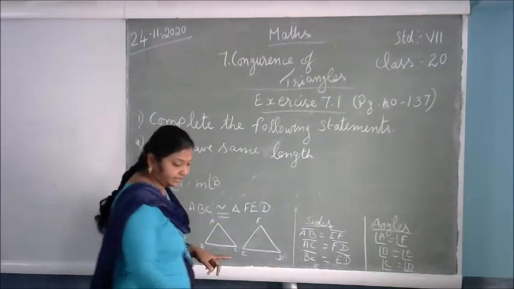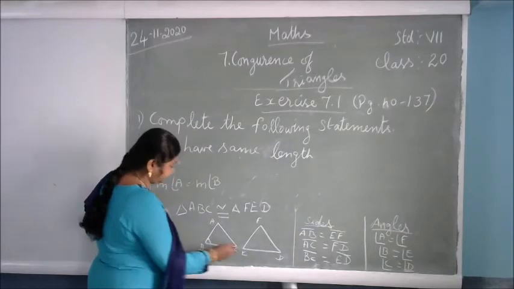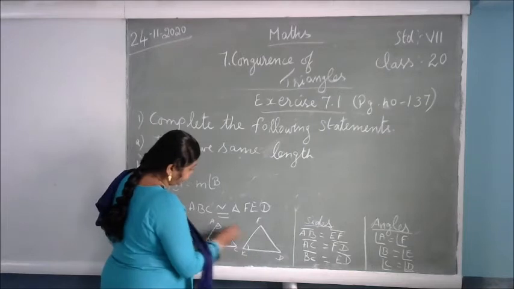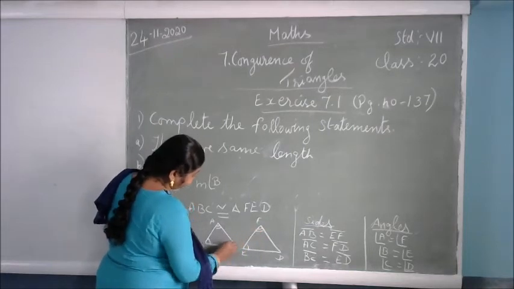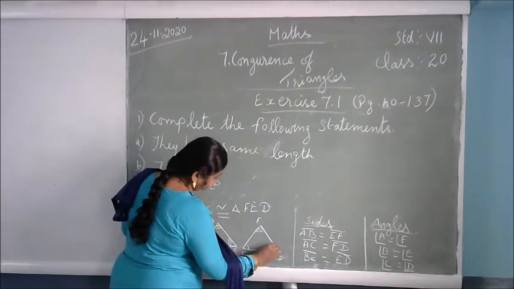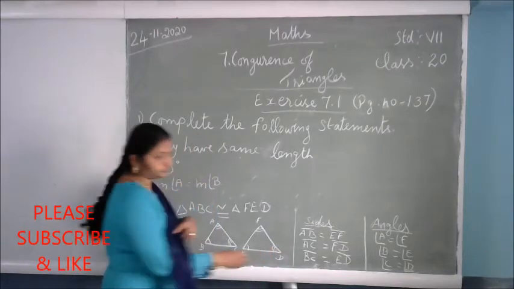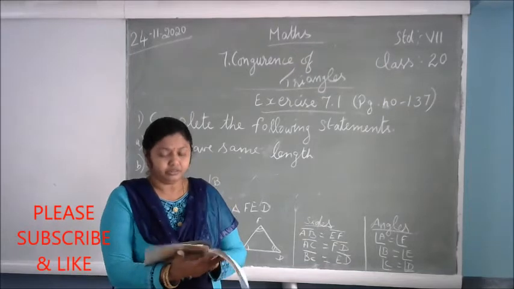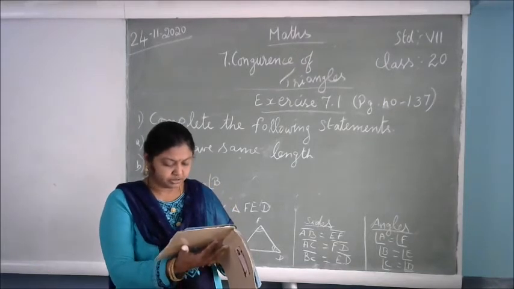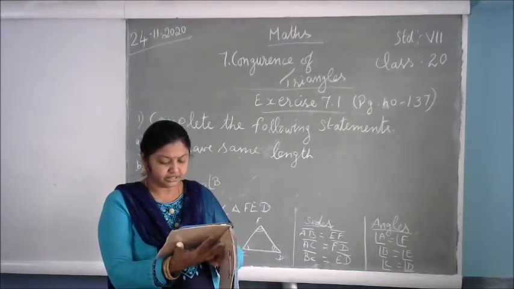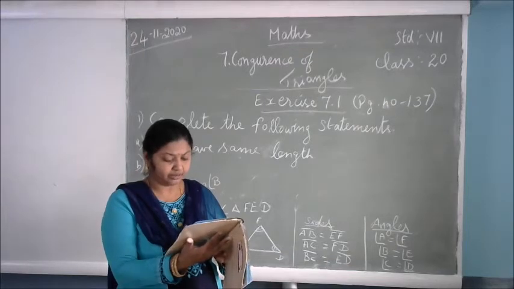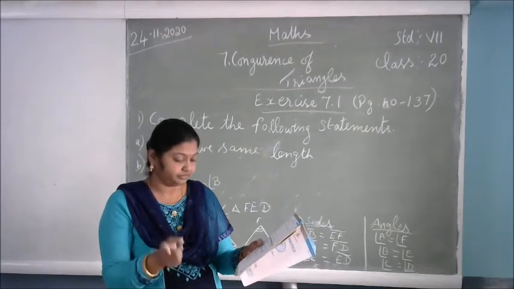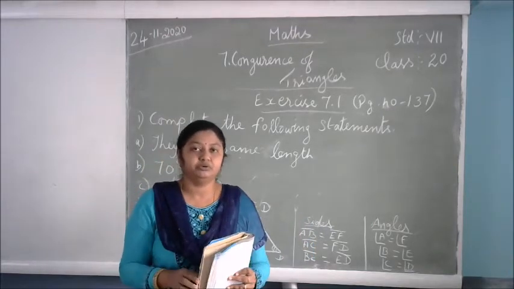If you see the angles, angle B is equal to angle E, angle A is equal to angle F. Okay, that you have to do in the homework notebook.